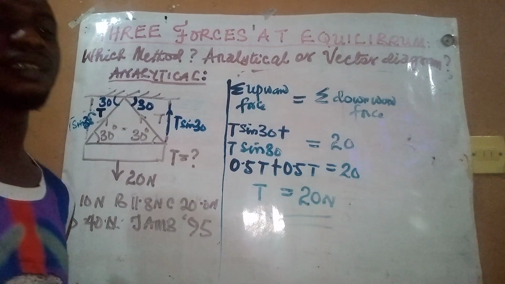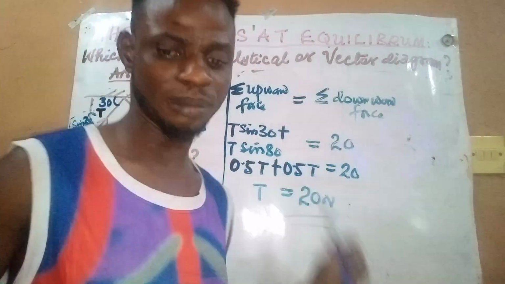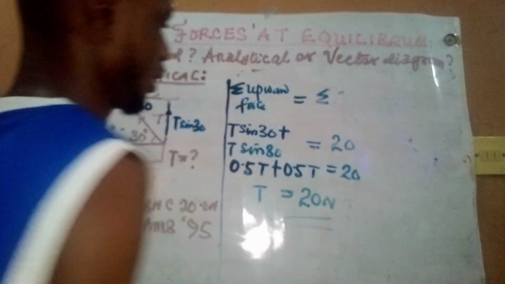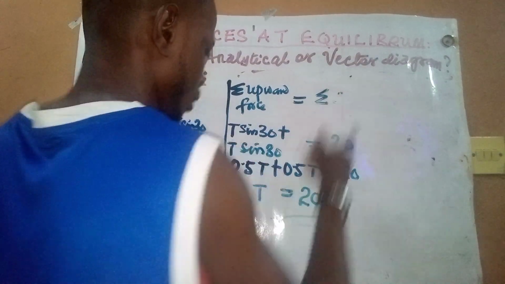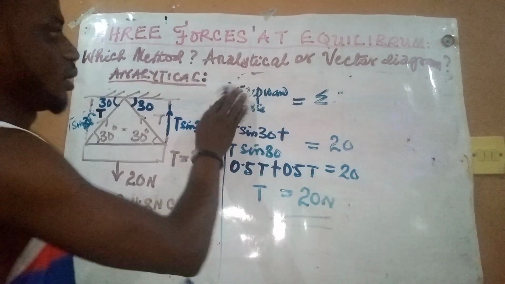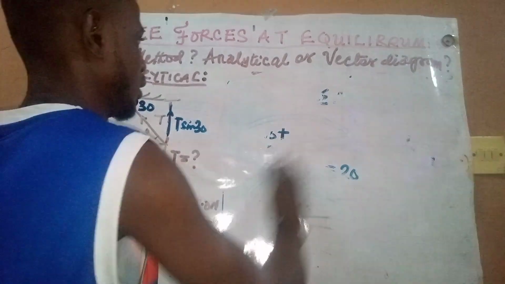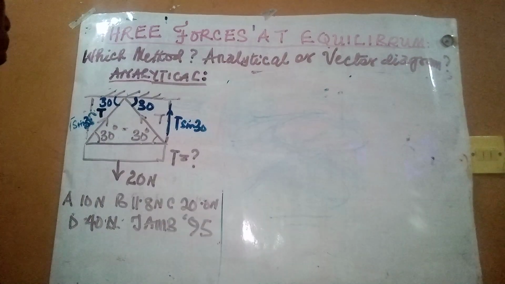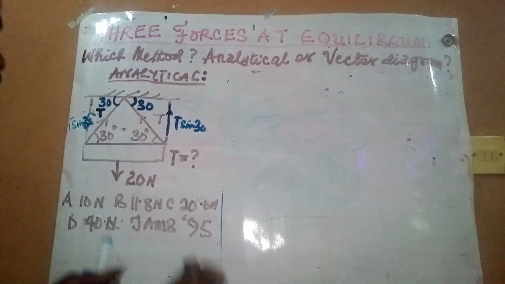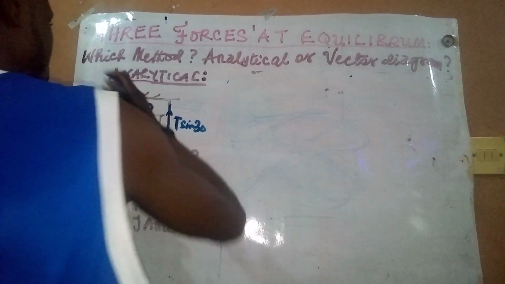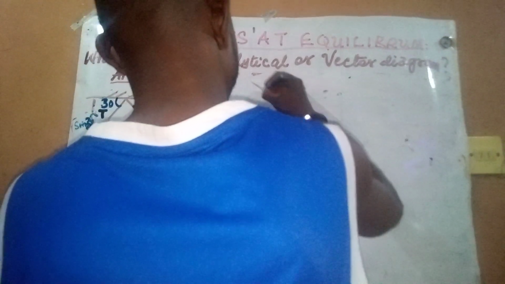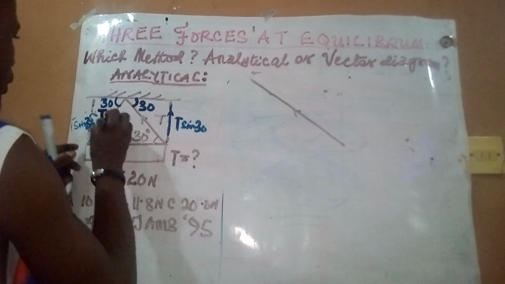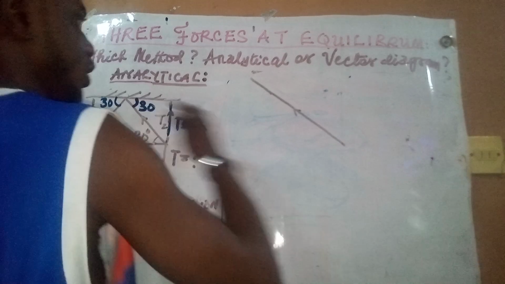Now let's apply the second method, which is using a vector diagram. Sorry, permit me to bring this to this side so it's clear enough. So we have three forces as usual. Draw a parallel line this way. Let's call this T2.